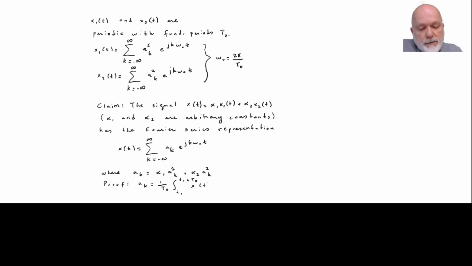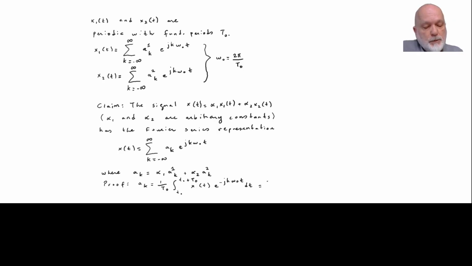The integral of x of t e to minus jk omega 0 t integrated with respect to t. Now here, it is clear that if we substitute x of t equal to alpha 1 x1 of t plus alpha 2 x2 of t, then we can decompose this integral into two integrals. In fact, we are using the linearity of the integration operation.